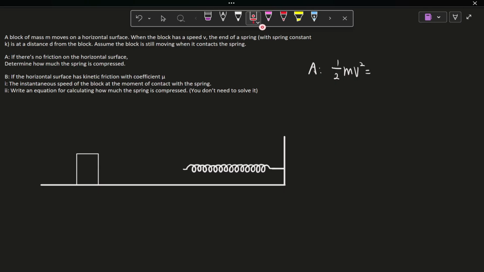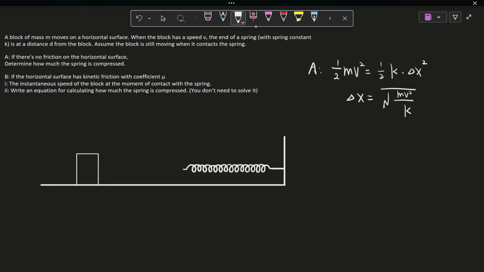And after the spring is compressed by this much distance, the block will stop moving. At that moment, the block only has spring potential energy, which is half k times delta x squared. So easily we can get delta x is equal to the square root of mv squared over k.